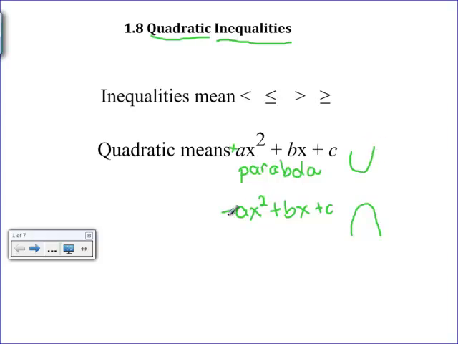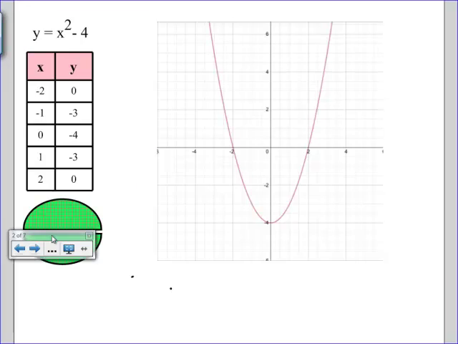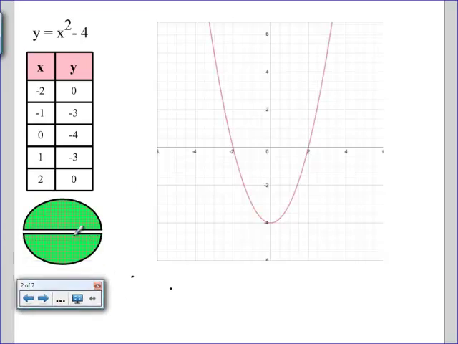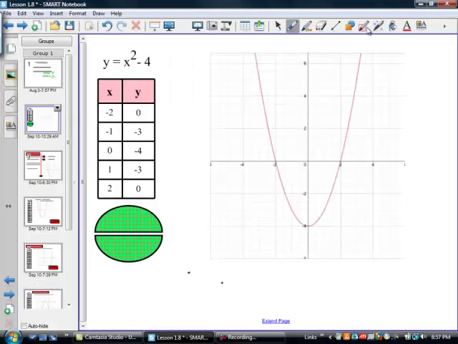Sometimes they teach this as a negative means the parabola is sad, and a positive means the parabola is happy. Yay, math. All right, so let's look at a little advancement in math here. I got some random dots that are annoying me, so I want to get rid of them. Goodbye.